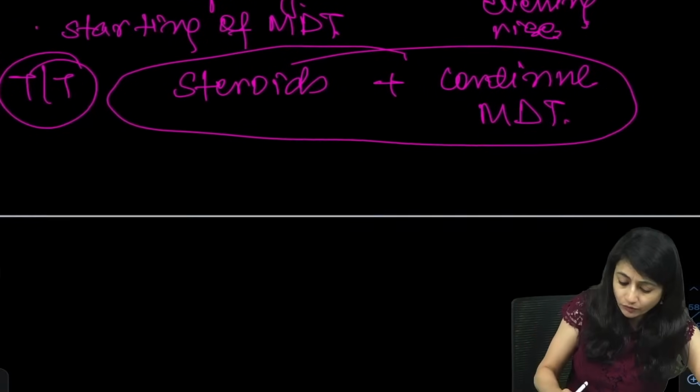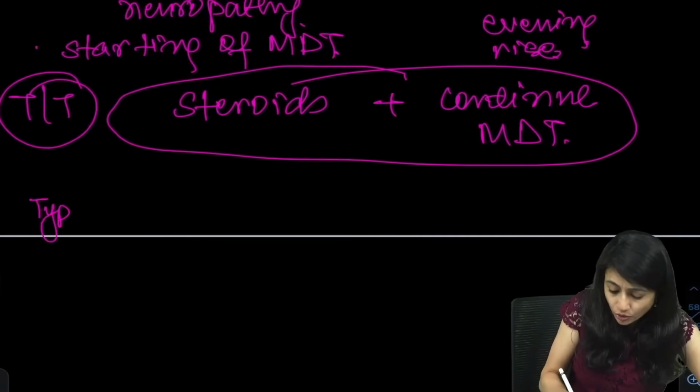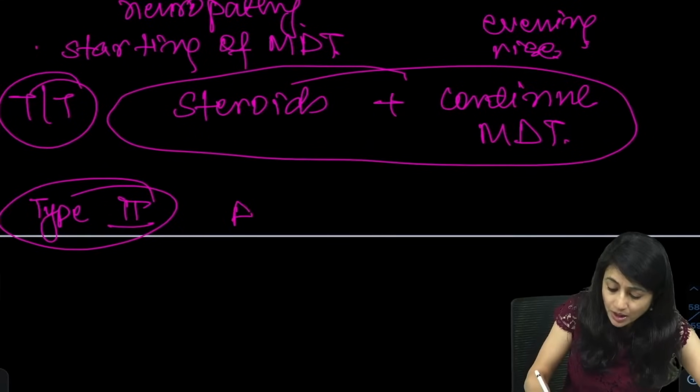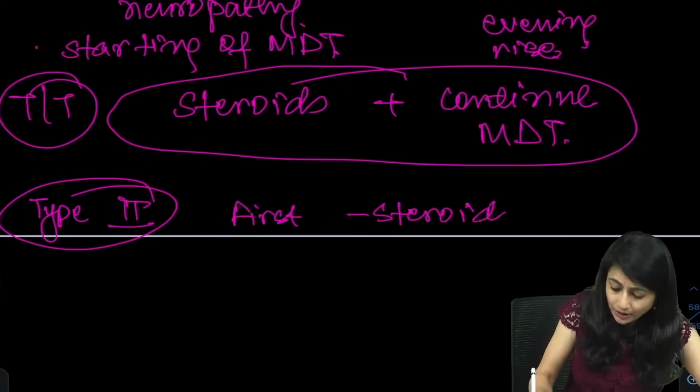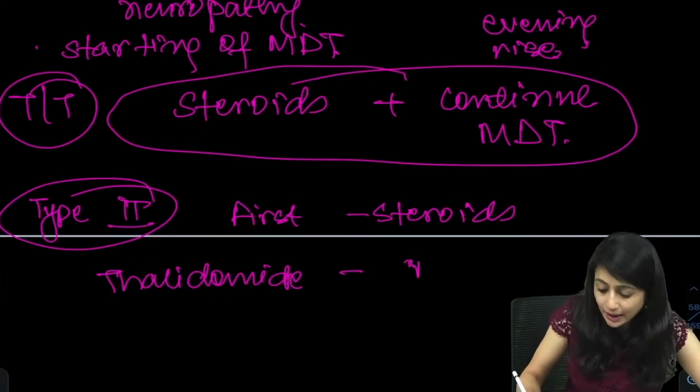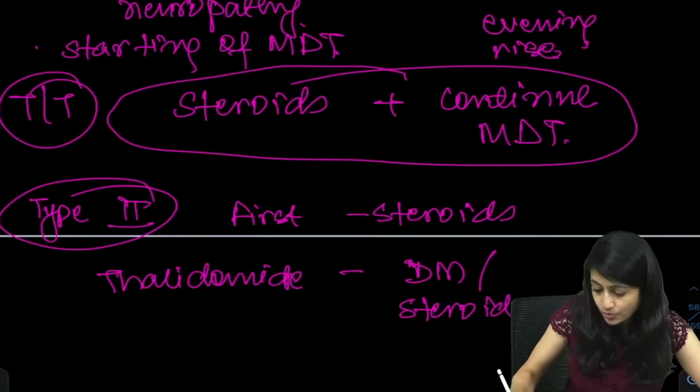Now, lot of you are confused that whether for type 2 reaction we should mark thalidomide or steroids. Please remember, your first choice should be steroids. You can mark thalidomide only if in question it is written that the patient is highly diabetic, patient is steroid unresponsive.